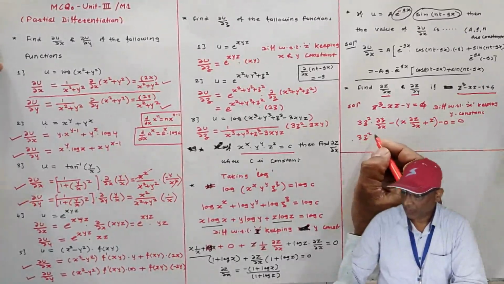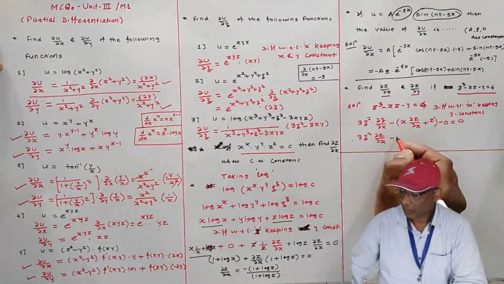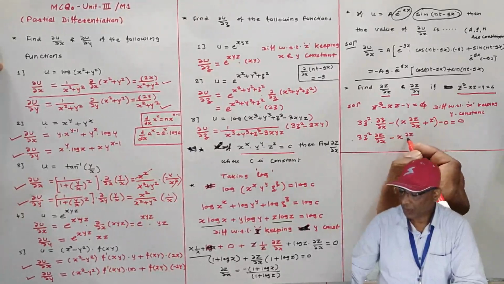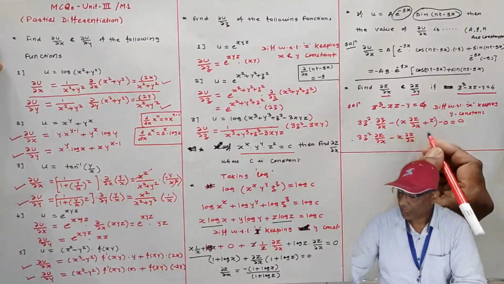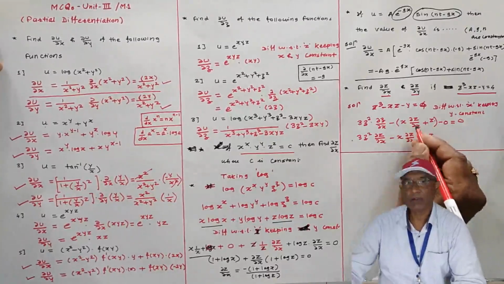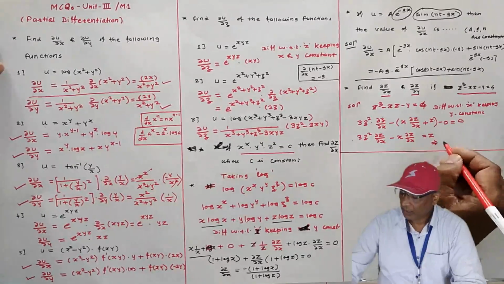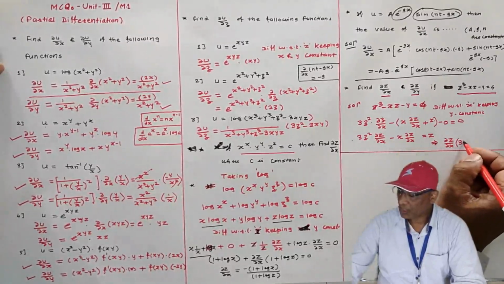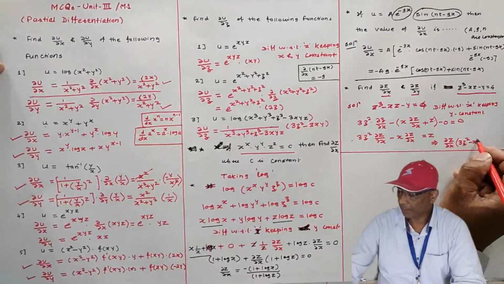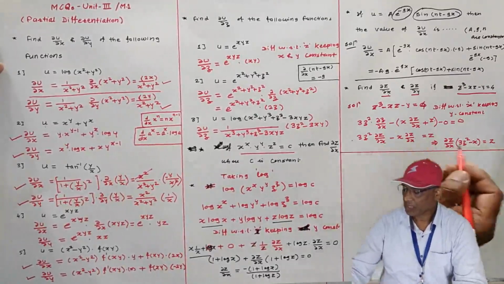Now del z by del x we have to find. 3z square del z by del x. The minus sign I am going to distribute, meaning we are going to multiply the inside terms by the minus sign. This will be minus z. I am shifting it to the right hand side. And when you take del z by del x common, what will happen? 3z square minus x equal to z.